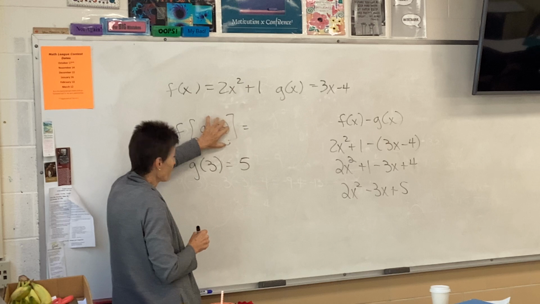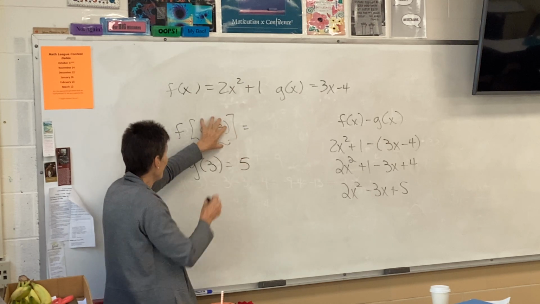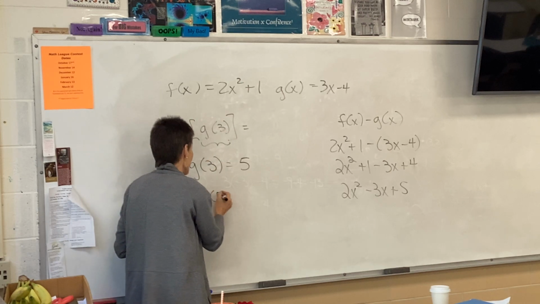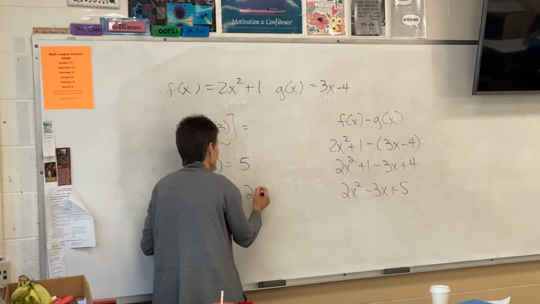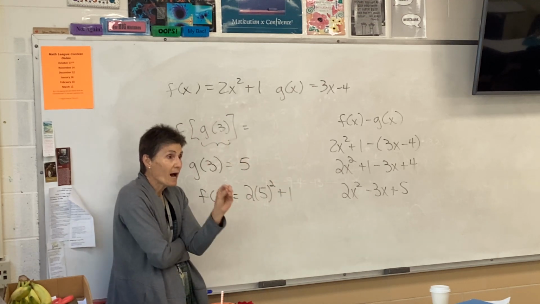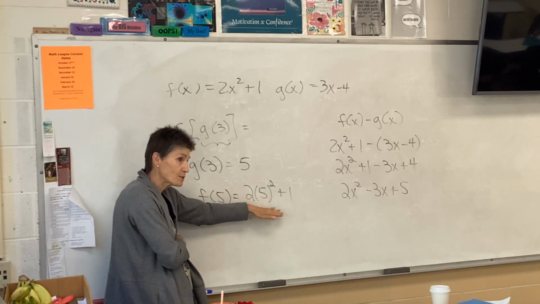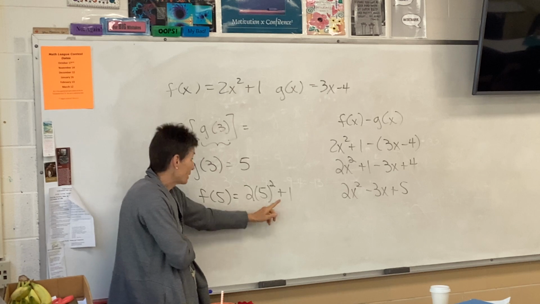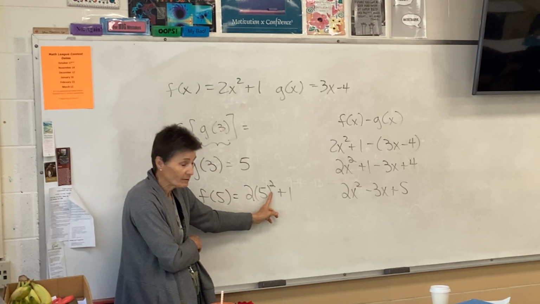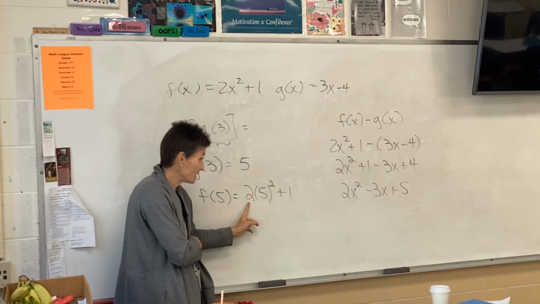Now, that's this right here. This is 5. So what do I do with the 5? Now I take the 5 and plug it into f. So f of 5 is 2 times 5 squared plus 1. Do not forget PEMDAS. 5 squared is 25, times 2 is 50, plus 1.